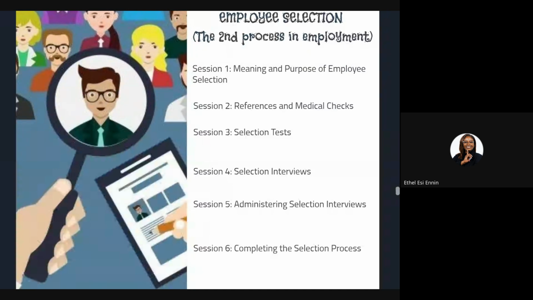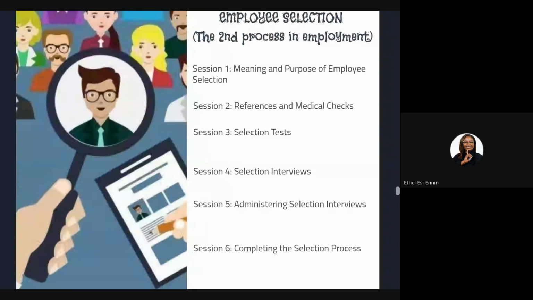So if you are an employer and you want to use some procedures in your selection process, our module has made us aware of the limitations if you want to use tests. If you want to test your candidates before you make a decision, we have now seen that there are some limitations to it.